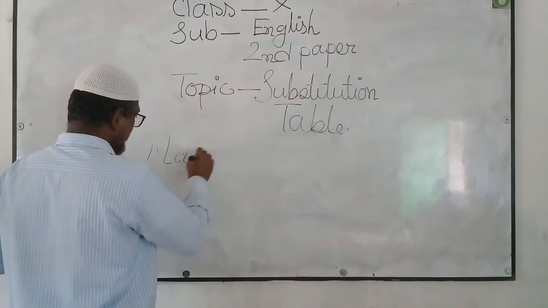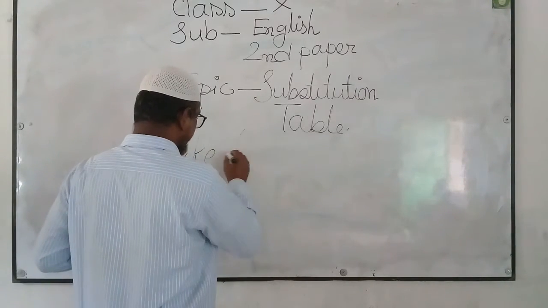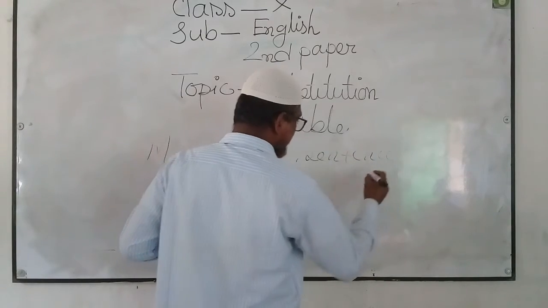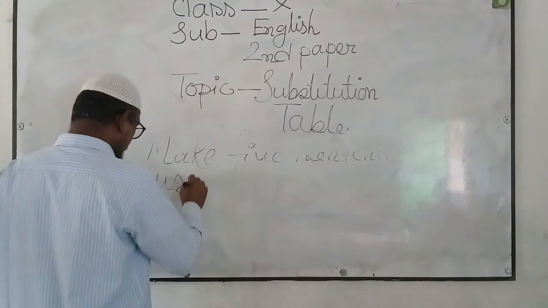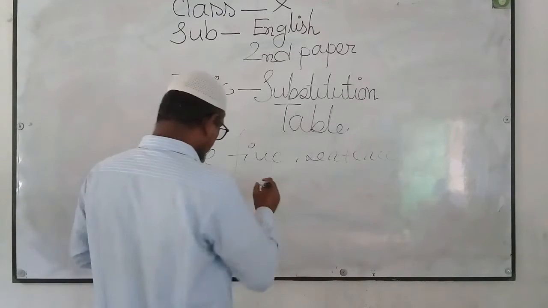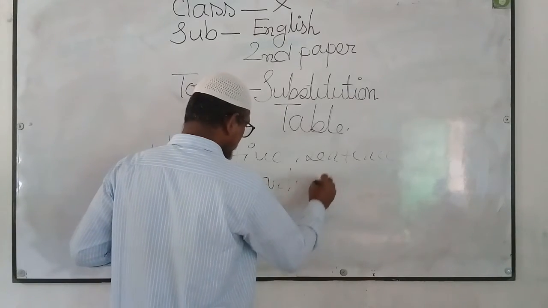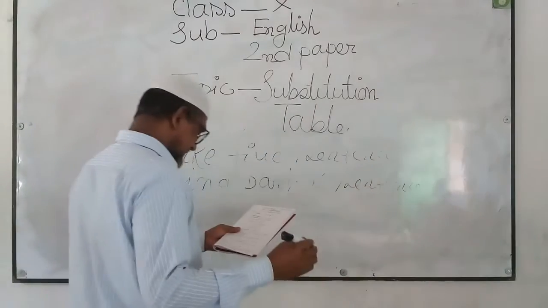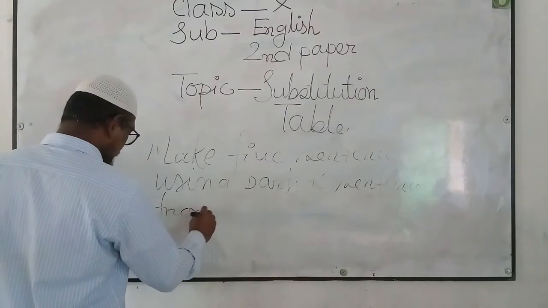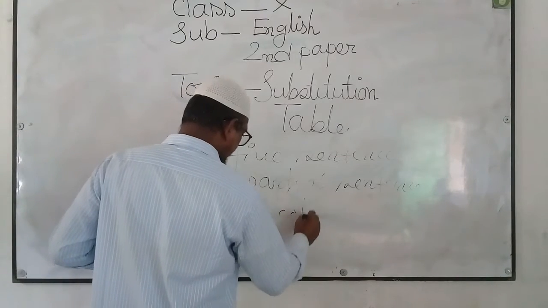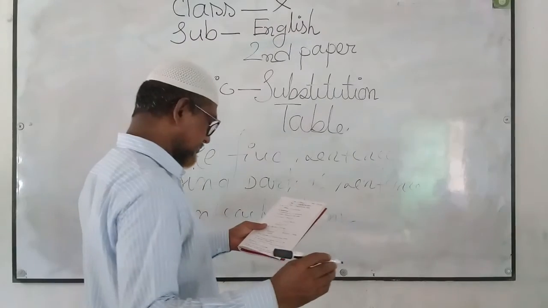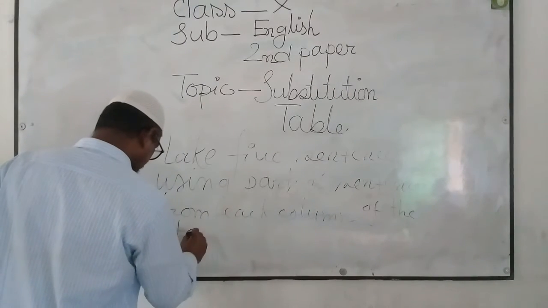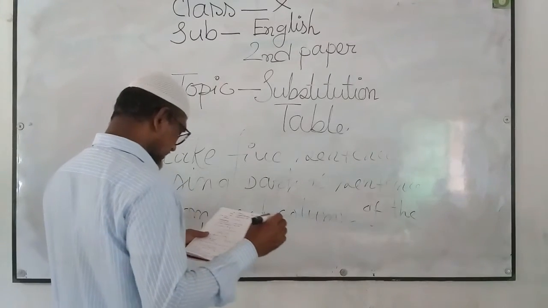Make 5 sentences using parts of sentences from each column of the table below.